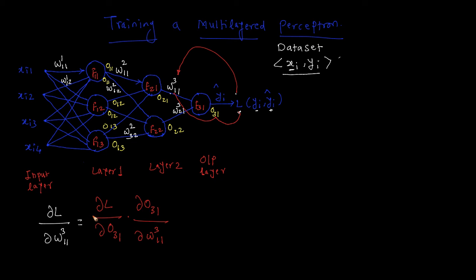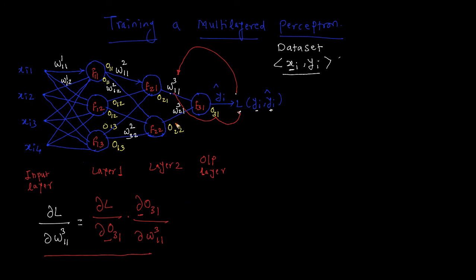This is called the chain rule. This term has to be the same as this term, and this is equal to ∂L/∂W311. That is how I can compute the derivative of loss with respect to W311.